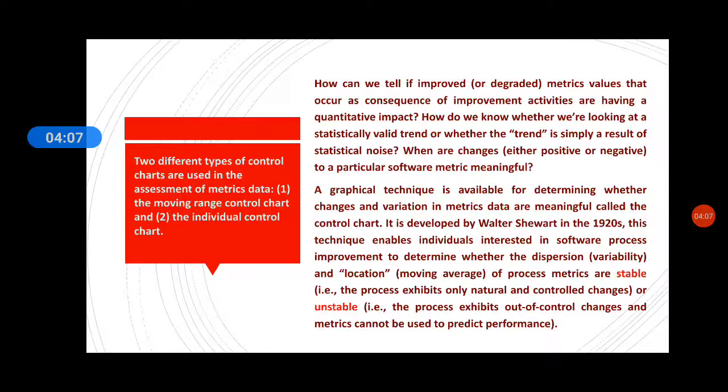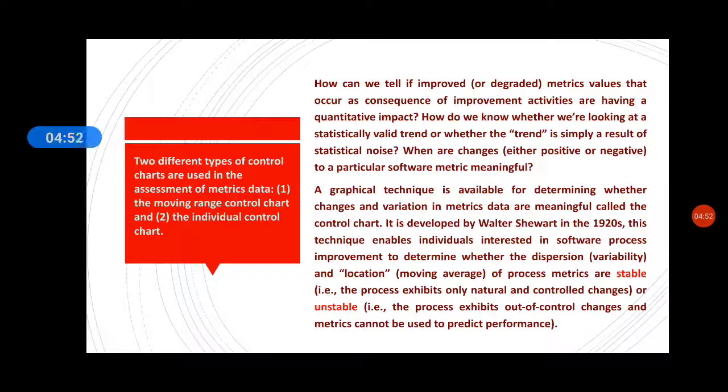This technique enables individuals interested in software process improvement to determine whether the dispersion, which represents variability and location, and moving average of process metrics are stable or unstable. Stable refers to a process that exhibits only natural and controlled changes, whereas unstable identifies a process which exhibits out of control changes, and the metrics cannot be used to predict the performance.